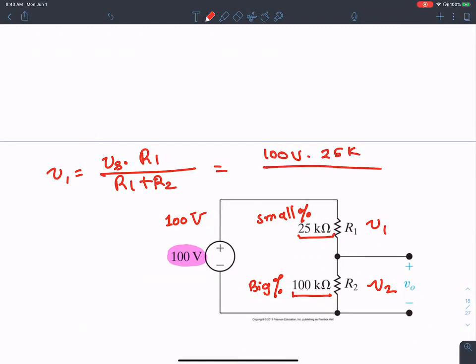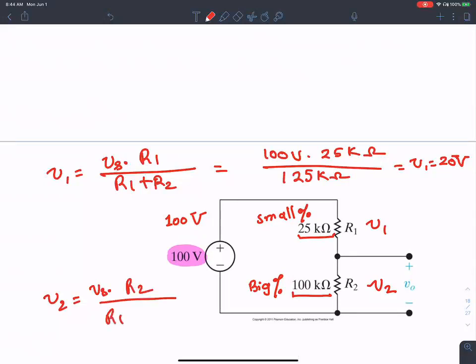This guy is 100 plus 25, which is 125 kilo ohms. Then you have V1 coming out to be 20 volts. V2 is Vs times R2 over R1 plus R2, and you find that it is 80 volts.